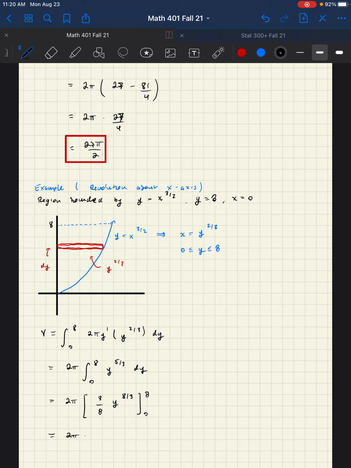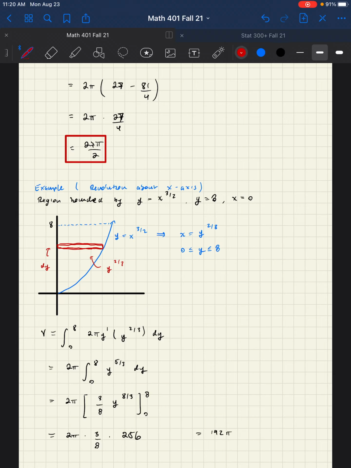And again, the 0 doesn't contribute anything, so we just need to plug in 8. And so we get 2 pi times 3/8 times 8 to the 8/3. You can confirm independently that this is going to be 256.